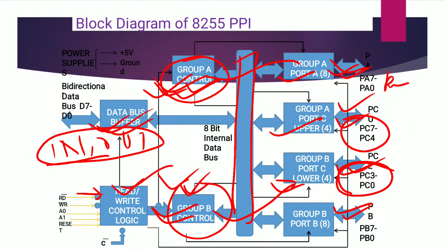Together they make up the control ports. This port is used to specify the modes of operation and it is manipulated by the microprocessor by writing a control word, which we'll discuss later. Hence, these two blocks are connected by the data bus in the diagram.